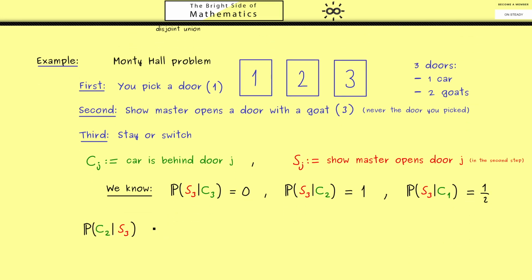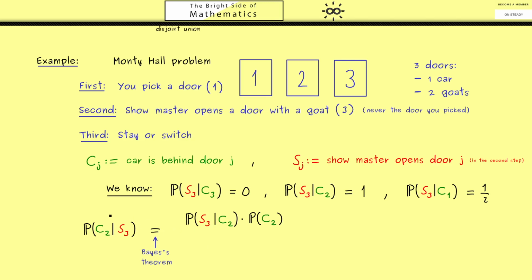Indeed, this will be our last step here. So we want to know what is the probability of getting the car when I switch the door in the third step. And this is exactly given by this conditional probability. Now, maybe not so surprising, we can apply Bayes' theorem here. Please recall what it tells us. We can exchange the order in the conditional probability here when we multiply with the probability of the last part.